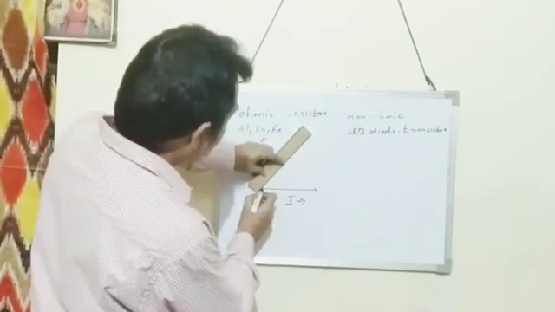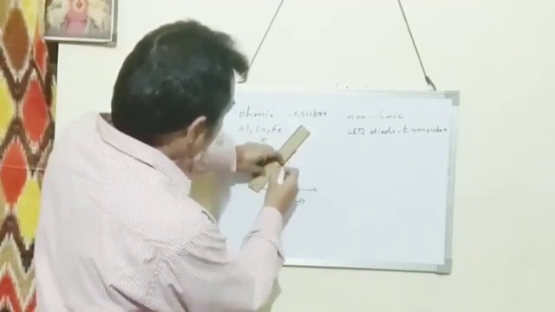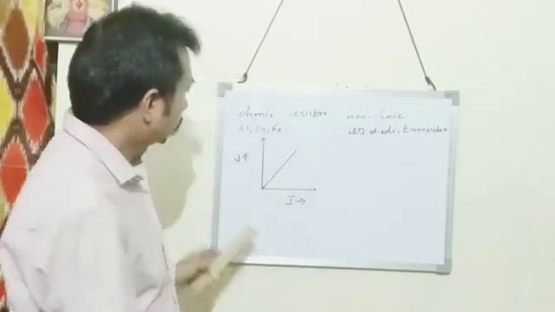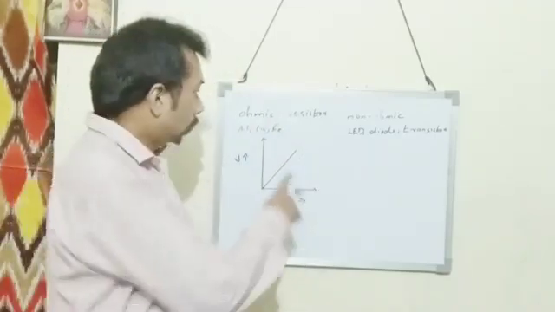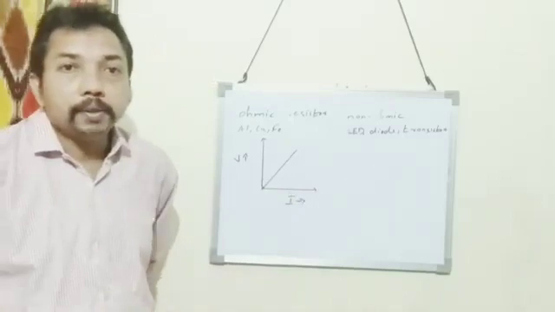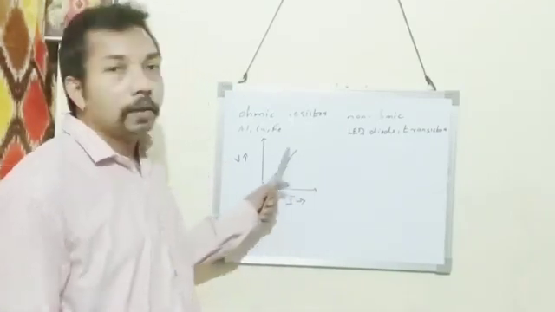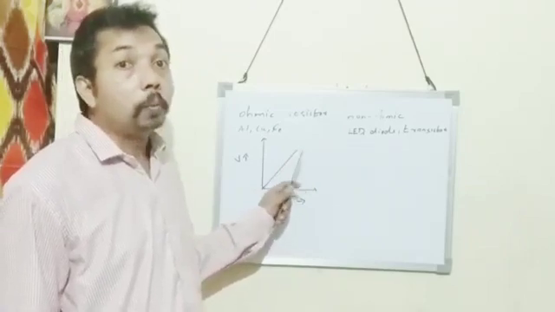The graph will be a straight line. This is the VI graph of an ohmic resistor.